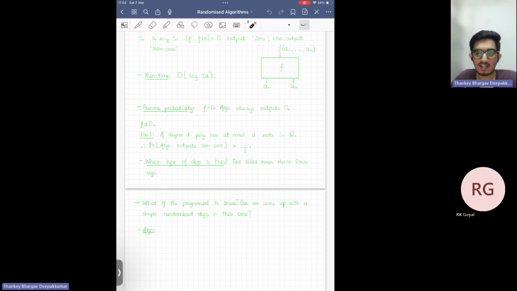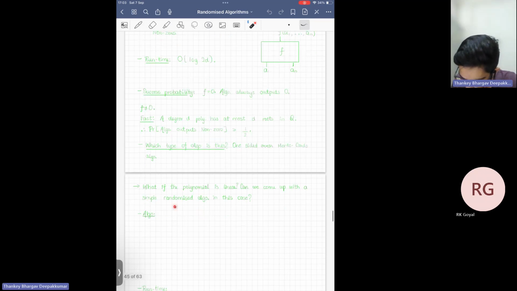But even before that, let us handle the simple case where the polynomial is linear, that is, all monomials in it have degree 1. So it looks something like a1 x1 plus ... plus an xn plus b.